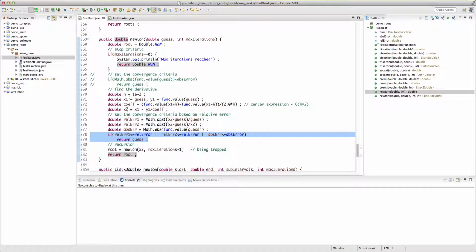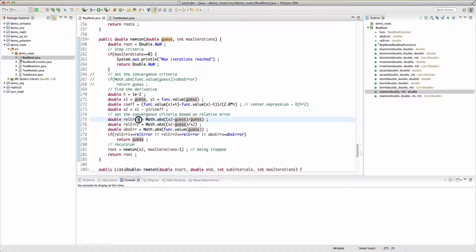After the initial guess, at this step, we calculate x2, the value for the next step. And then we calculate the relative errors and also the absolute error based on the guess. Or we could have based it on x2, the new value or the previous value. It doesn't really matter. But the key here is that I'm also including the relative errors.